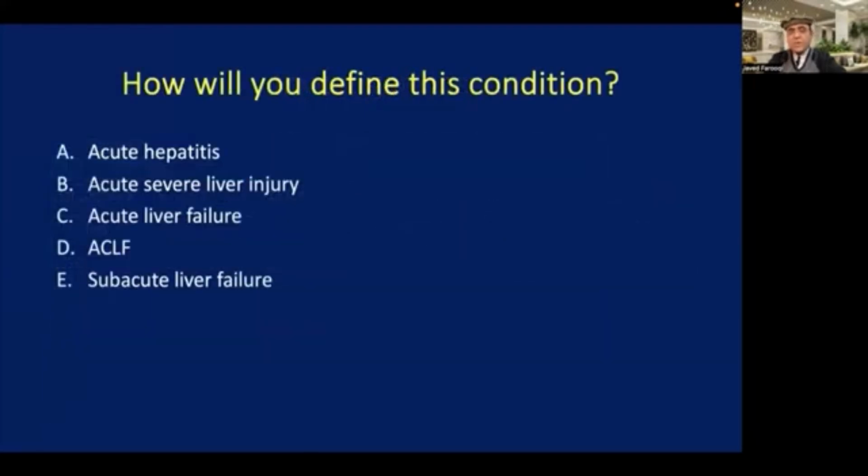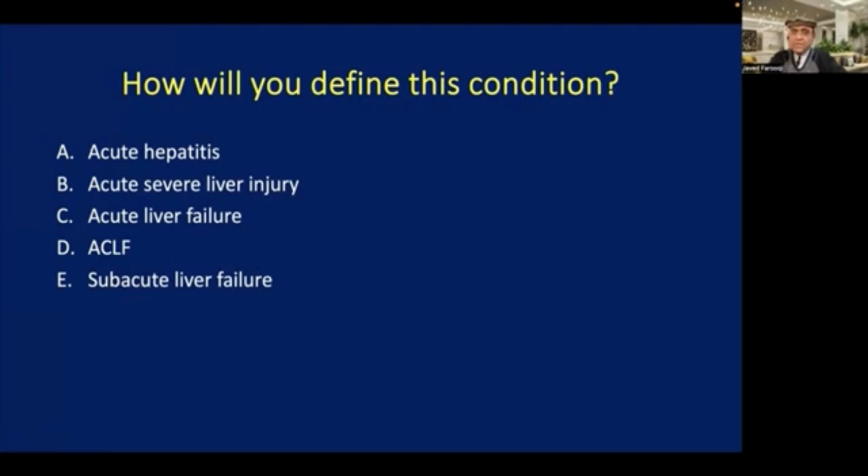So the question is, how will you define this condition? What will you call this? Option A, acute hepatitis? Option B, acute severe liver injury. Option C, acute liver failure. Option D, acute on chronic liver failure. And option E, subacute liver failure.